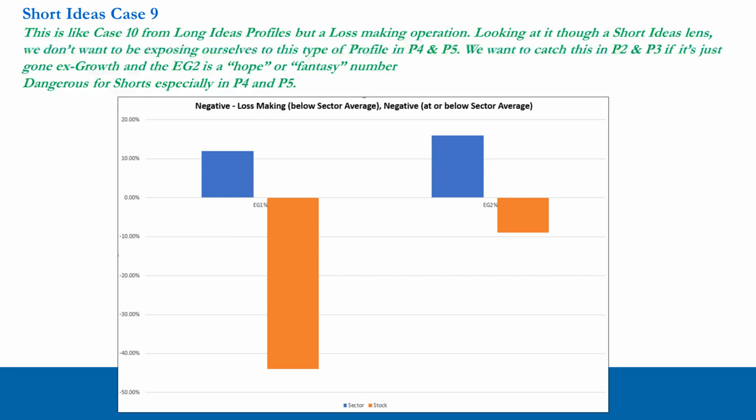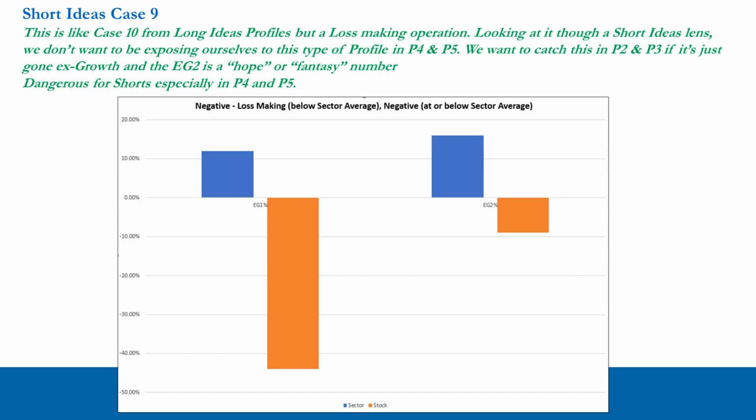We obviously, again, want to catch this type of profile in phase 2 and phase 3 when it's close to have just gone X growth. And the earnings growth number in period 2, we can determine that it's somewhat of a hope or fantasy number from analysts. It's very dangerous to be short earnings growth profiles like this, especially in phase 4 and phase 5.